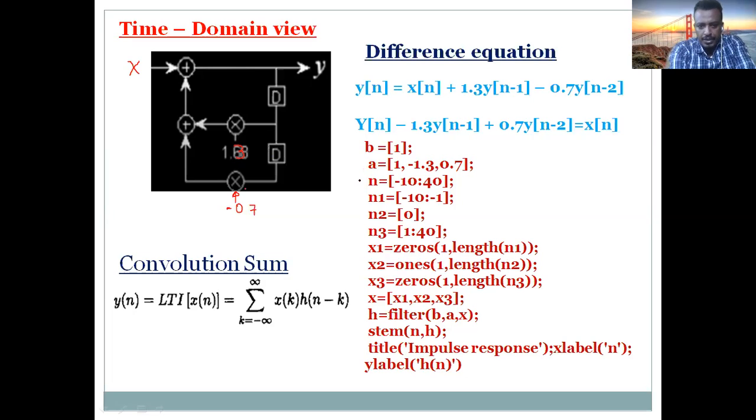Next, as you can see here, from this part up to x, we generate a sequence called the unit impulse sequence, delta n. B and A represent our system. We get the difference equation from the signal flow diagram, and from the difference equation we take the coefficients.